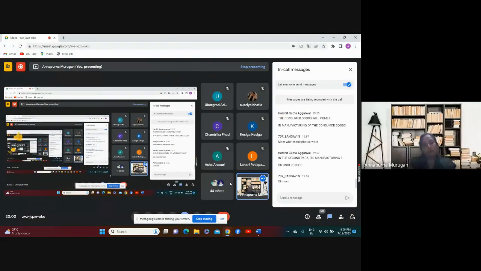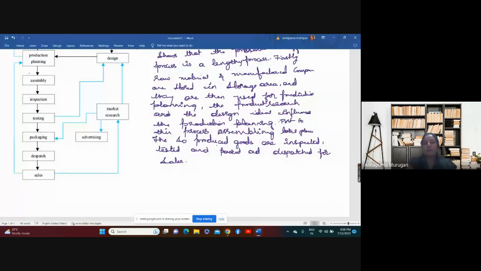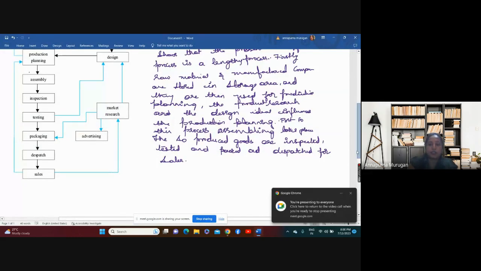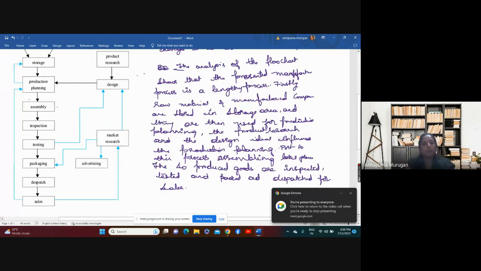Okay, good guys. This is our first paragraph. See, without any strain, without any kind of complexity, we completed this process. Otherwise, how would you have presented the same thing?